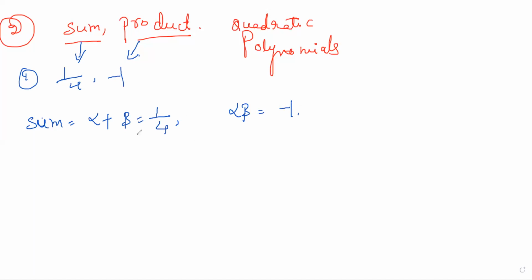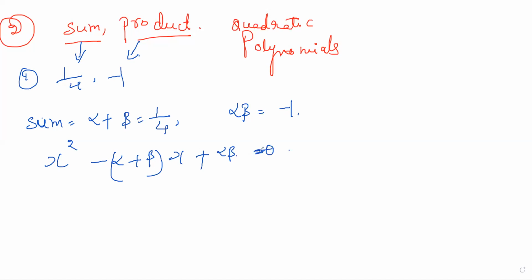See, if alpha and beta are the zeros of the polynomial, then the quadratic polynomial equation can be written as, already I gave you that expression, x square minus (alpha plus beta) into x plus alpha into beta is equal to 0.